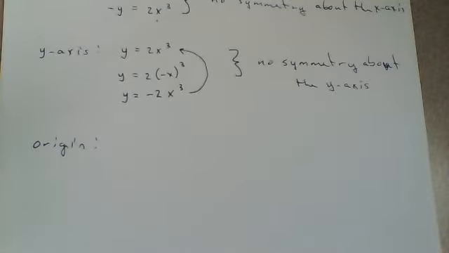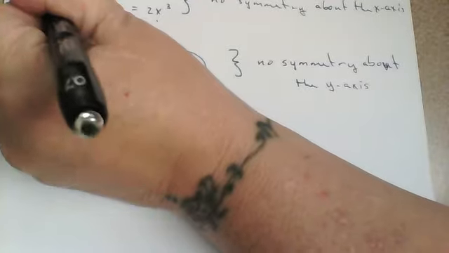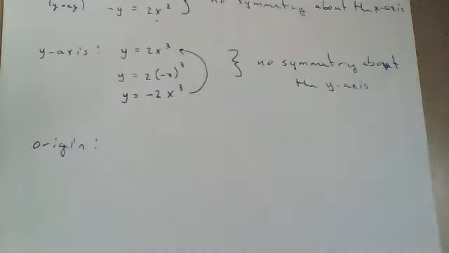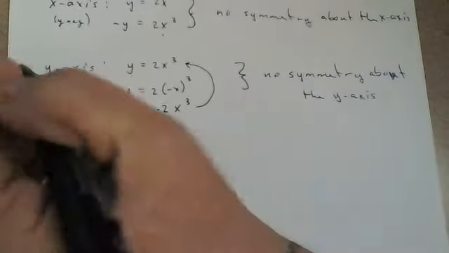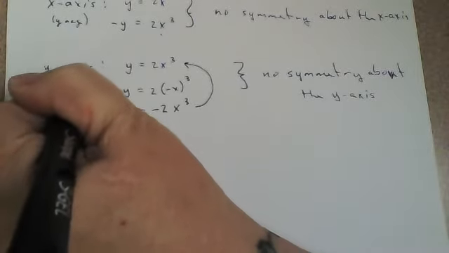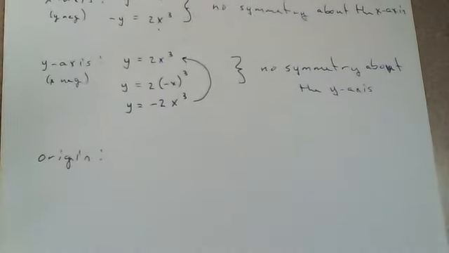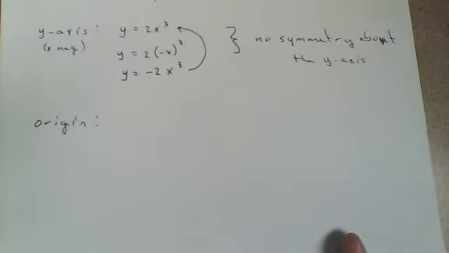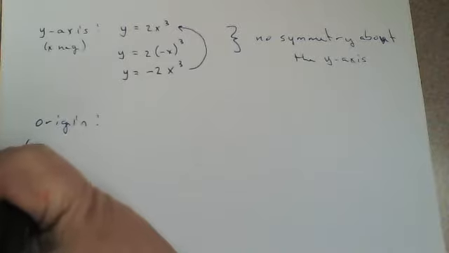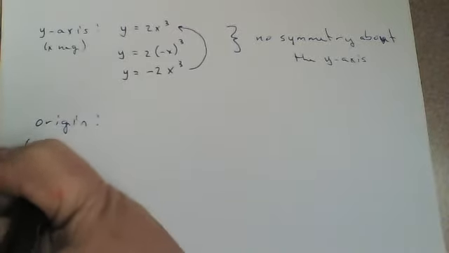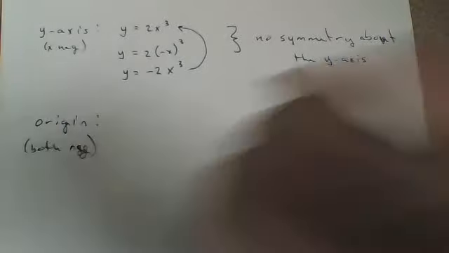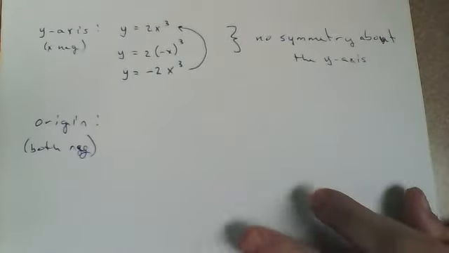So when we're testing for the x-axis, we make y negative. When we're testing for the y-axis, we make x negative, right? When we're testing for the origin, we make both negative, right? And then we're going to plug it in.